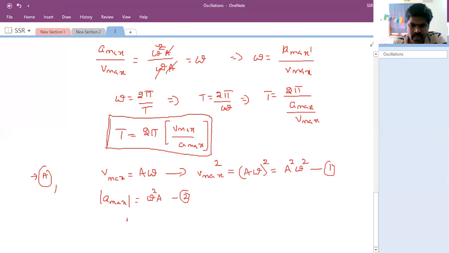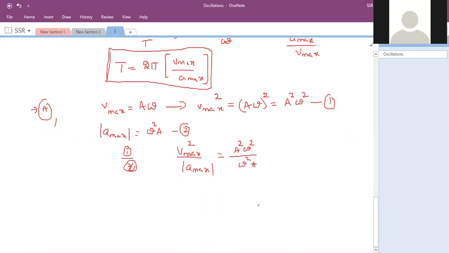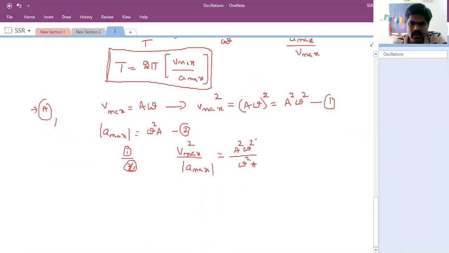Then I can divide 1 by 2. That is equal to Vmax square divided by modulus of Amax. That is equal to A square omega square divided by omega square into A. Are you clear on this? Omega square cancels. One A cancels.